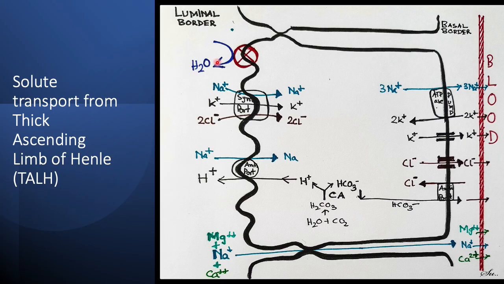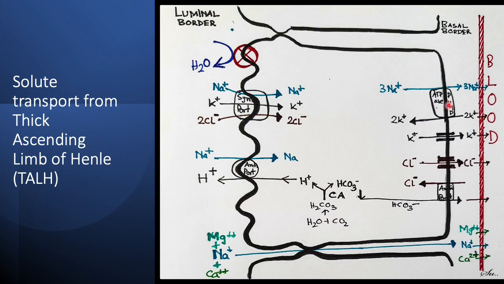That means 1 molecule of sodium, 1 molecule of potassium and 2 molecules of chloride are reabsorbed together by a symport, a secondary active transport, into the cell. And obviously there is also a hydrogen-sodium antiporter present.